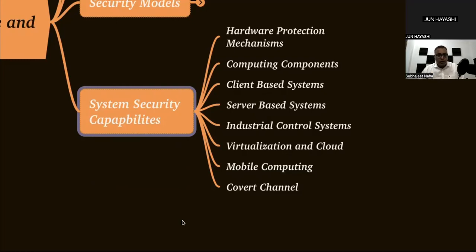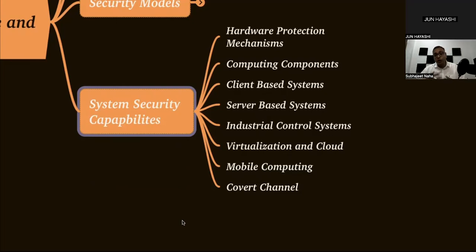We also talk about virtualization and cloud in domain 3: how virtualization is implemented, the different kinds, that is infrastructure as a service, platform as a service, and software as a service, and what the security concerns and vulnerabilities are and how to protect them.